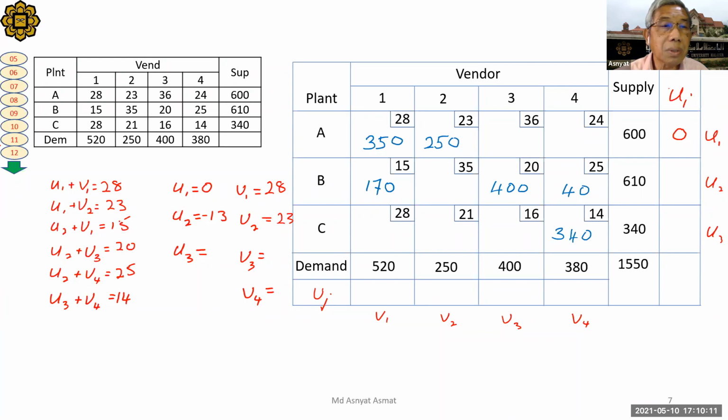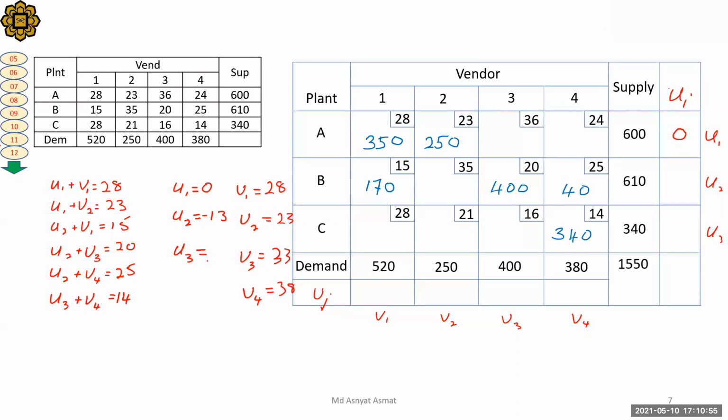15 minus U2, V1, negative 13, correct? Now V3. You know U2. Can we get V3? 33. Then U3. Can we get V4? You know U3, you know V3, you know V2. V4 is 38, right?